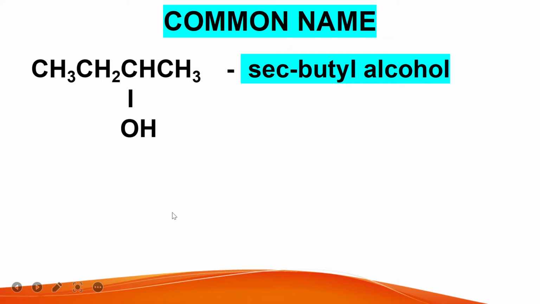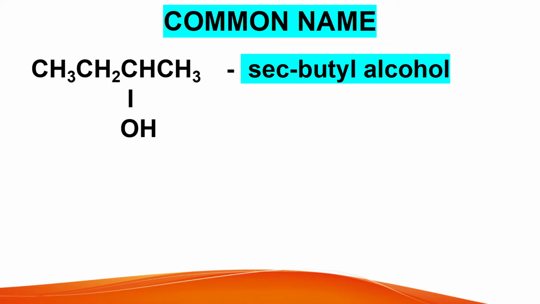Next, we have here the structural formula of sec-butyl alcohol. As you can see here, the hydroxyl group is bonded to a secondary carbon atom. This carbon atom here is a secondary carbon atom because it is bonded to two other carbon atoms.